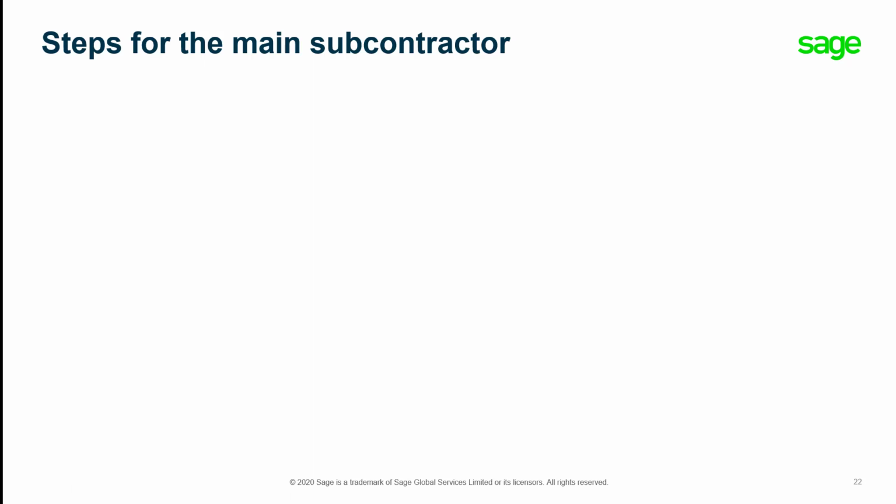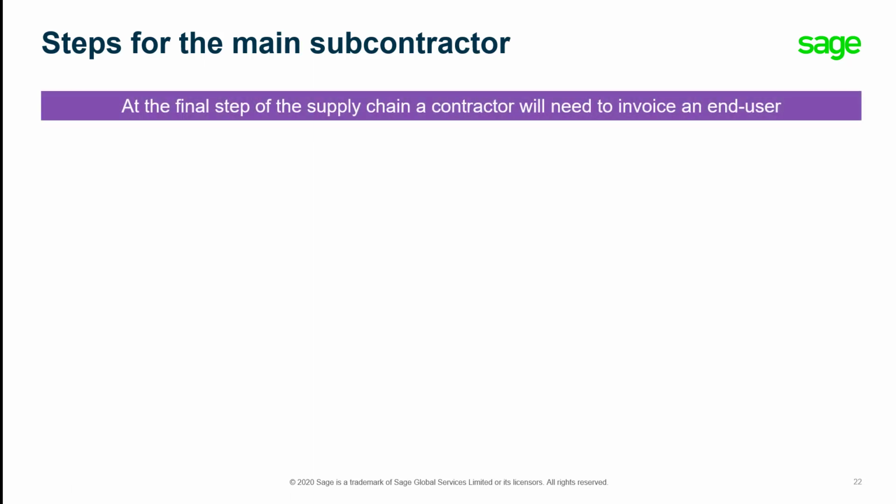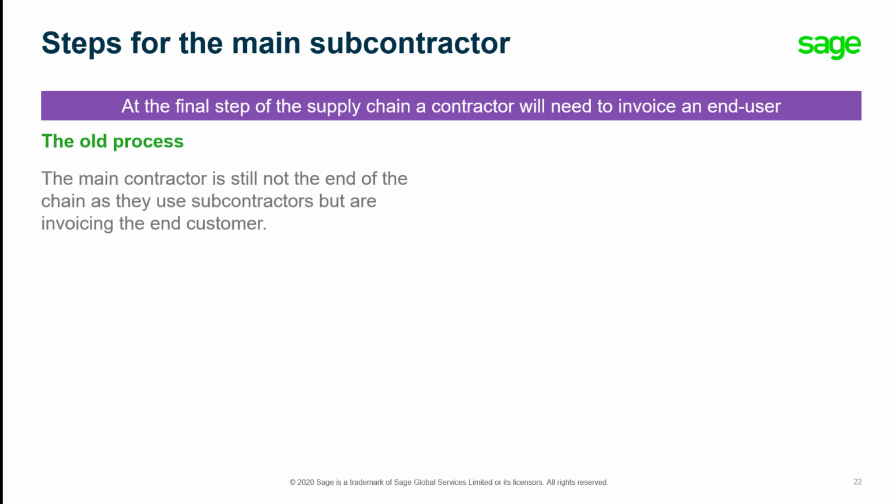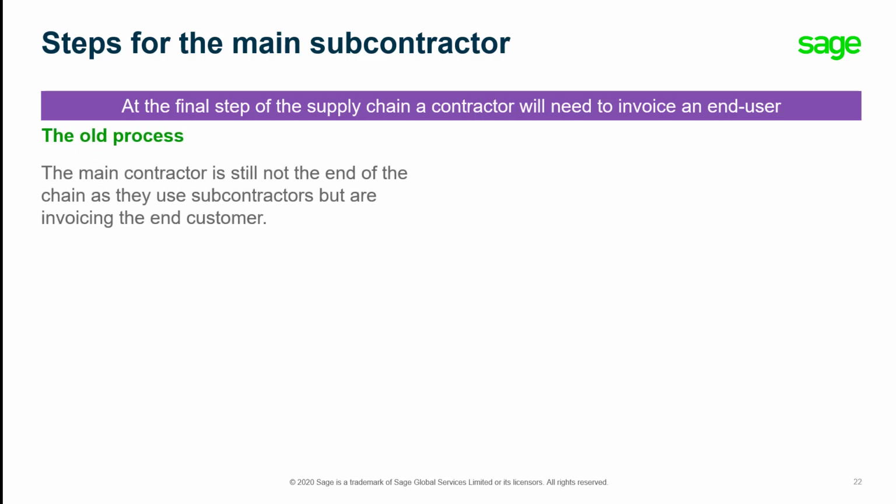Finally, let's look at the steps for the main contractor. These are the businesses that are dealing with those end users, and they have had either written confirmation of that or they are not CIS or VAT registered. So these businesses are still not the end of the chain as they use subcontractors, but they are in fact invoicing the end customer.